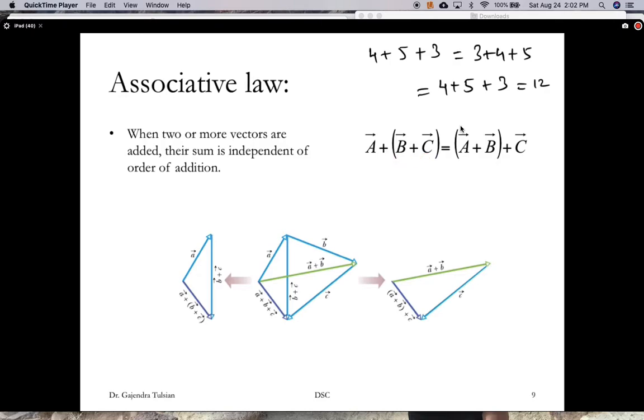So this is adding B plus C first, and there's adding A to B plus C. There's B and there's C. This is B plus C. A plus B plus C is the left-hand side, which is equal to that. And A plus B is that. And you add C to that, you get the same answer.